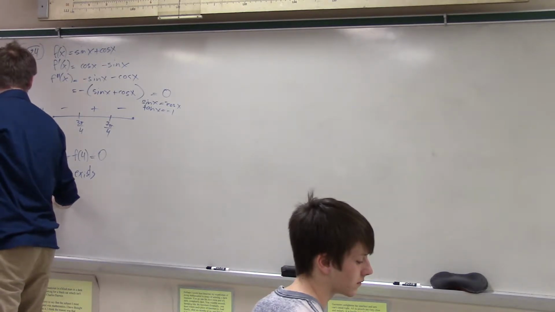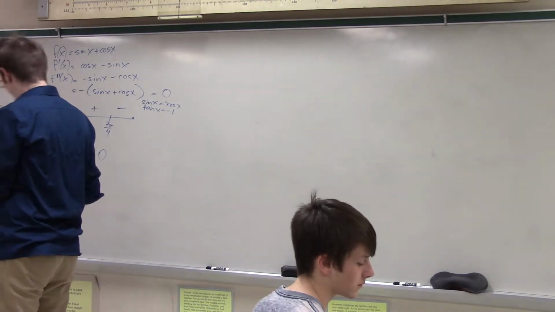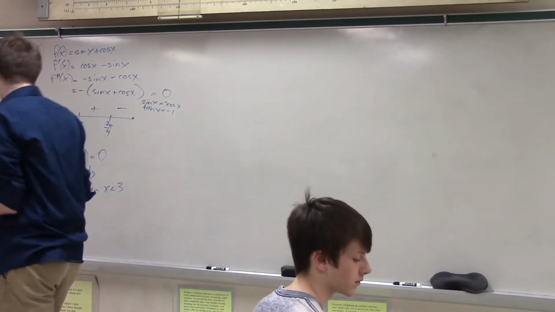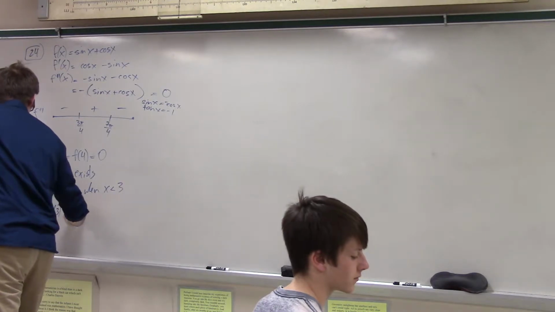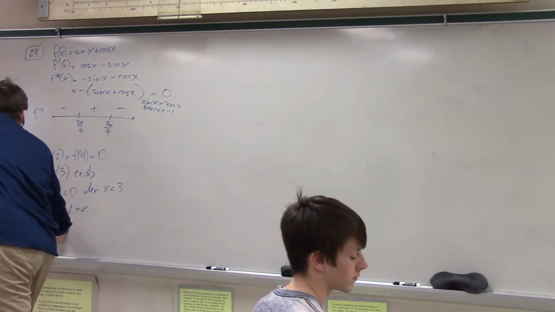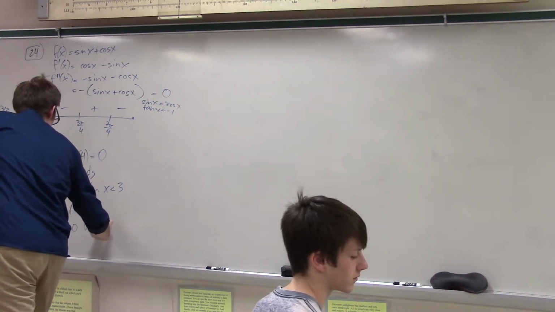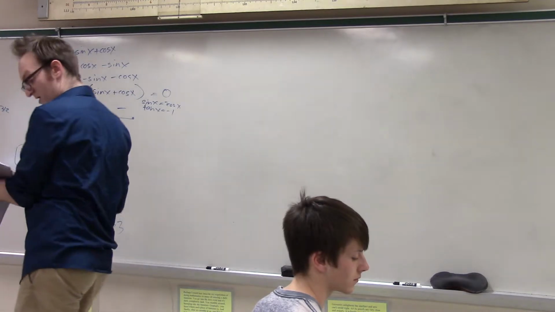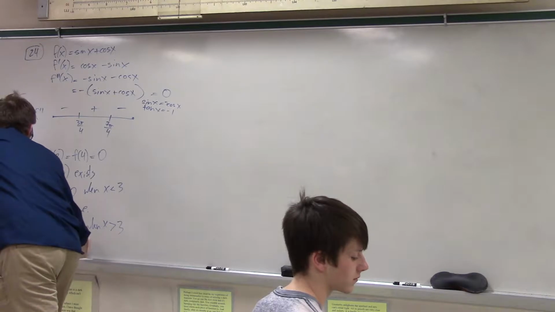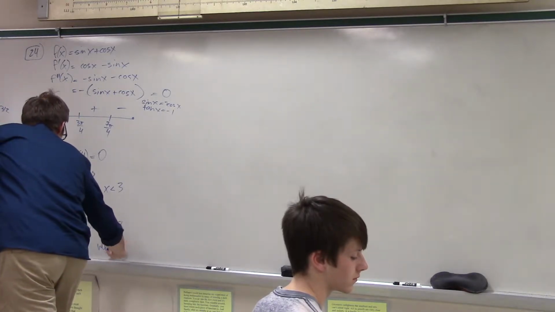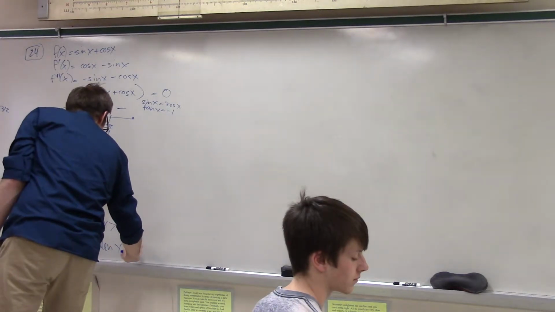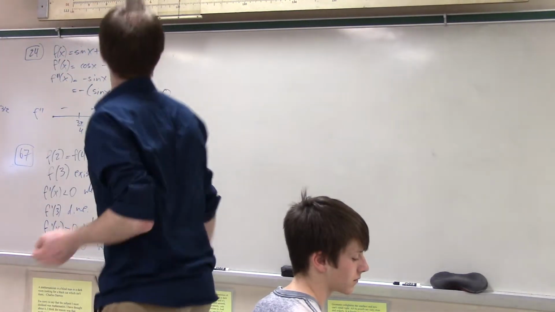The derivative is negative when x is less than 3, and the derivative is positive when x is greater than 3. And the second derivative is negative when x is not 3. Now it's your job to put this all together into some kind of picture.